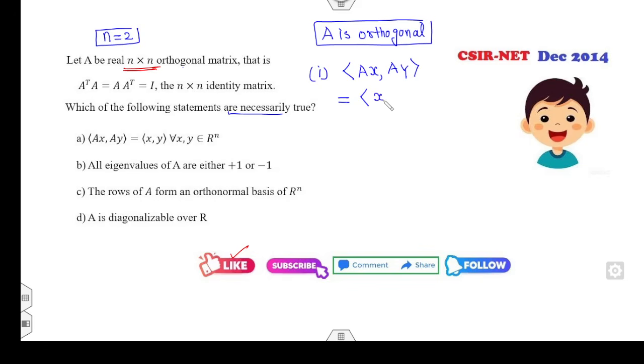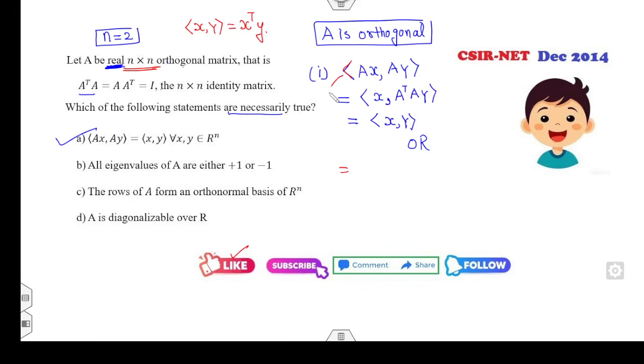I can write this as x transpose A transpose into Ay, because they are real matrices. What is the A transpose into A? It is identity. You can write this as x into y. Or instead of that, how can you define the norm? I can define the inner product x comma y as x transpose y on the matrix.